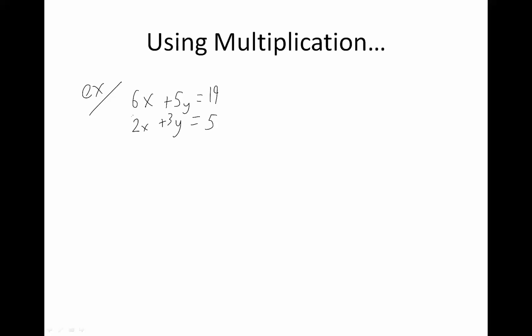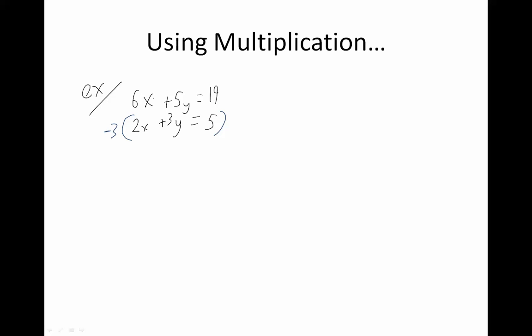Yes, there is. If I take this entire bottom equation and I multiply it by 3, this is going to become 6x. Now, what I'm going to do to make my life a little bit easier is I actually don't like using subtraction that much. I always like to add, which means I'm going to try and make this a negative 6 instead of a positive 6. That way I can add and it'll become 0.